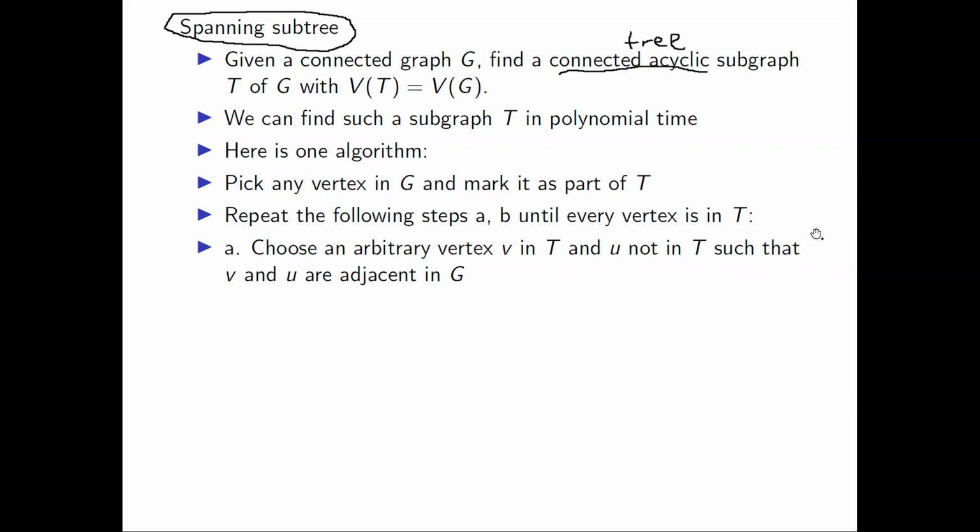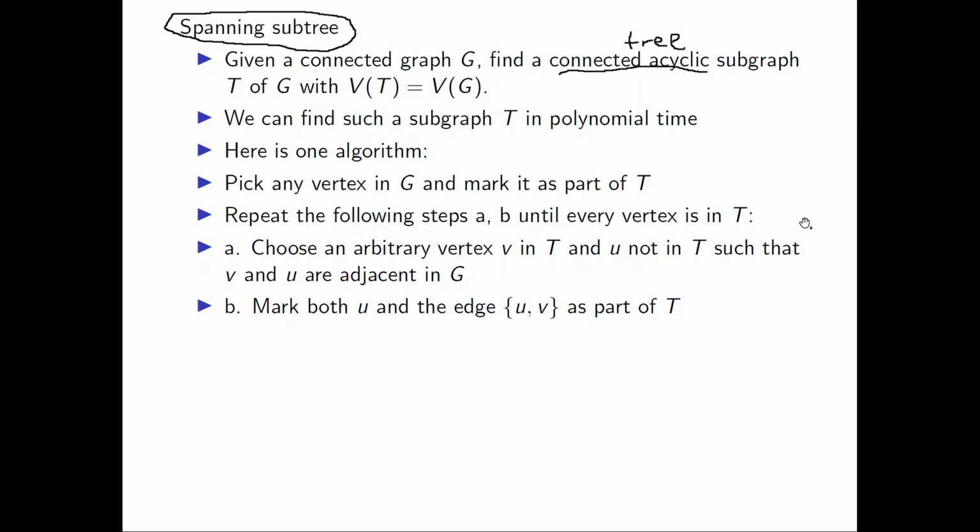So V is currently in T, U is not currently in T. And we require that U and V are adjacent in G. Then step B, we add both U and the edge UV to the tree T.